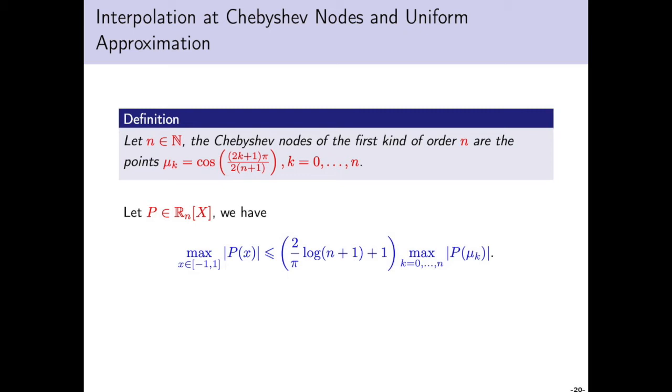How to show it? Well, log of n is basically 1 plus 1 over 2 plus 1 over 3 up to 1 over n, right? So does that arise from that?